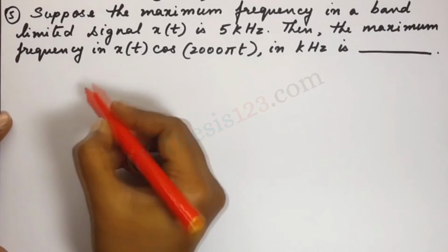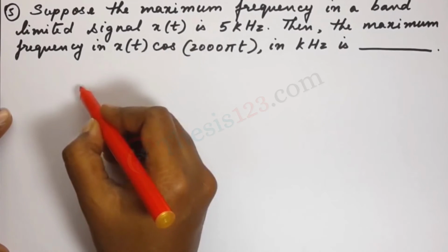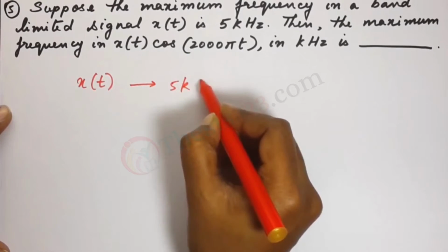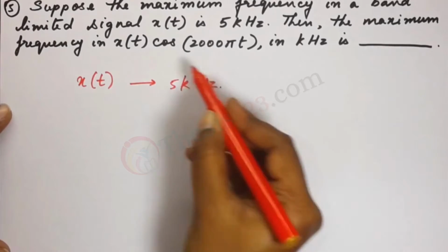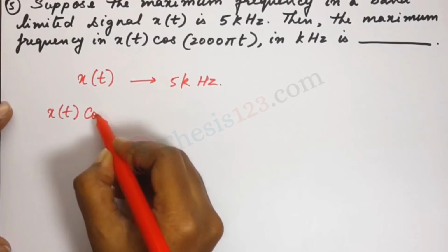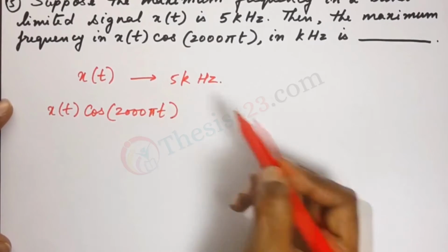Now we have been given that the band limited signal, or the maximum frequency of x of t is 5 kilohertz. And the signal that has been asked of us is x of t cos of 2000 pi t.